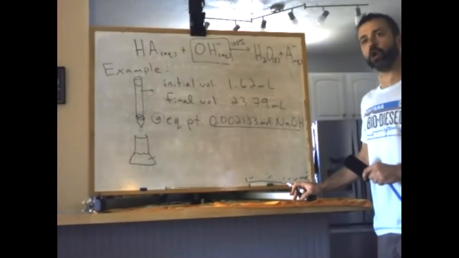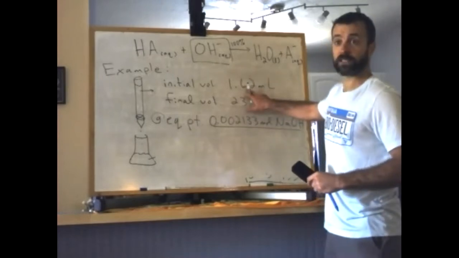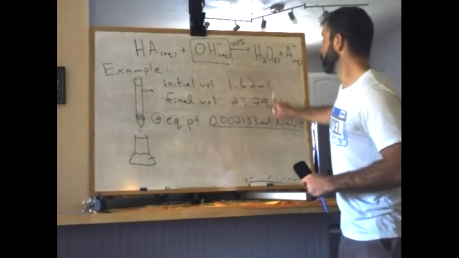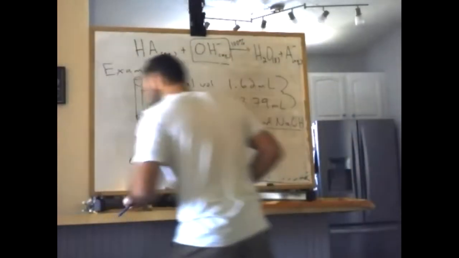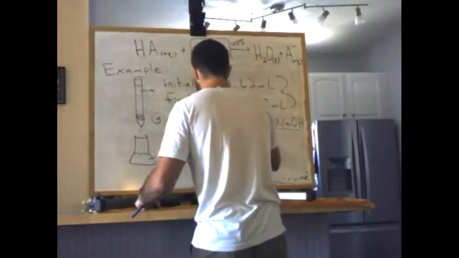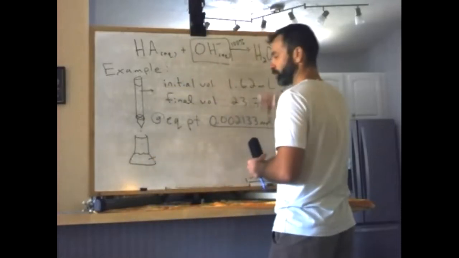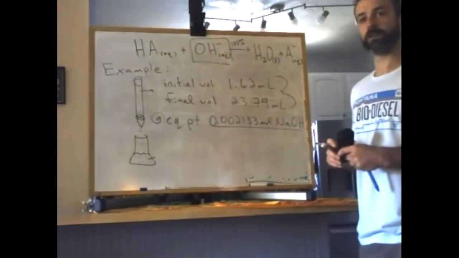So how much NaOH did it take? If the burette started at 1.62 and ended at 23.79, just subtract the two. The volume used was 22.17 milliliters.